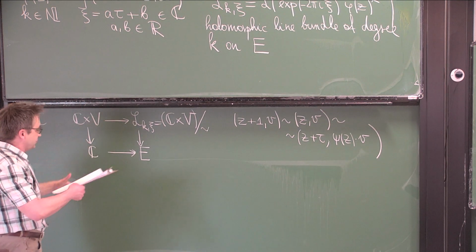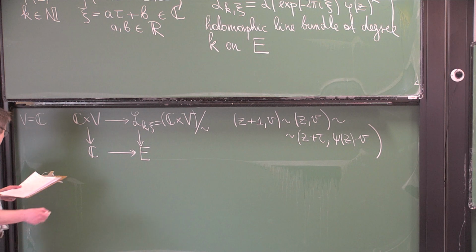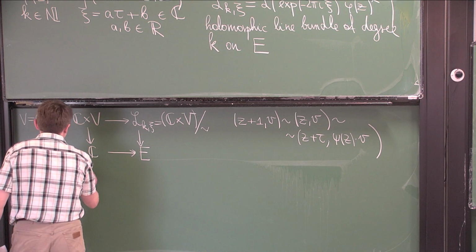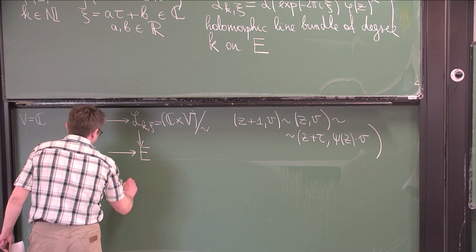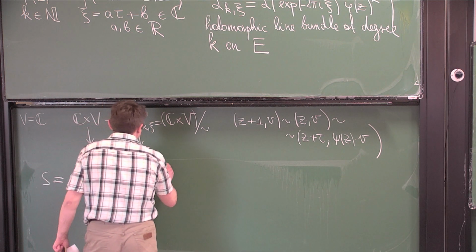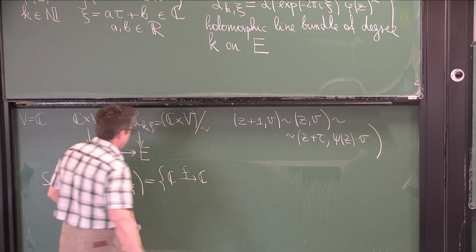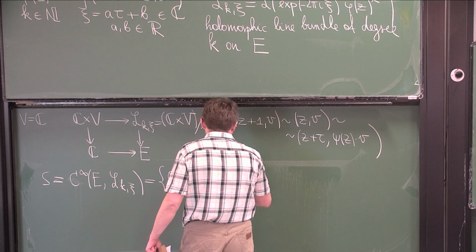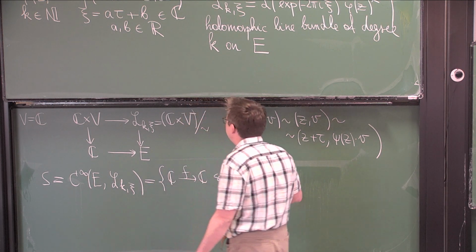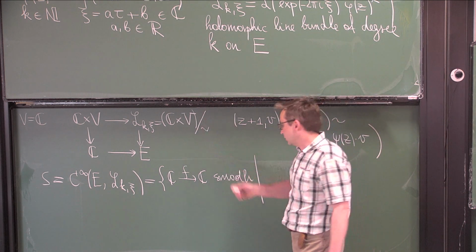in this notation, it is easy to write the space of smooth sections. So these are functions which are smooth and which satisfy quasi-periodicity conditions dictated by this equivalence relation.